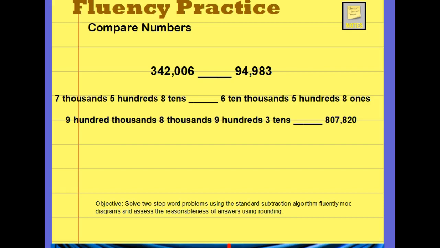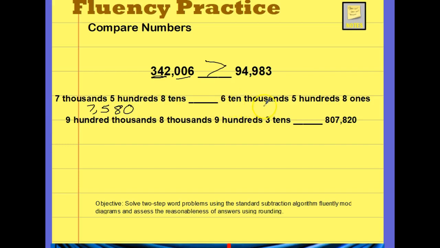Alright, now we're going to compare numbers using greater than, less than, or equal to. So 342,006 is greater than 94,000. 7,510, so that's 7,508 tens. So 7,580.